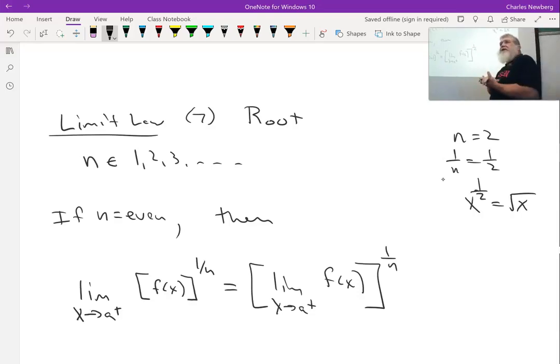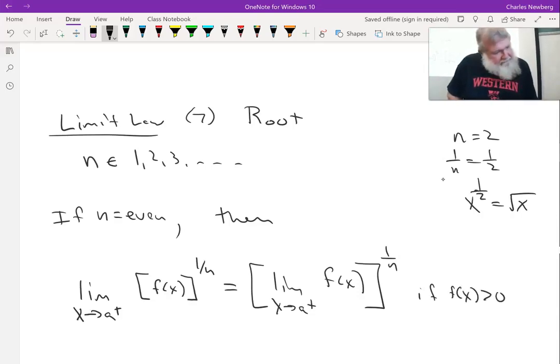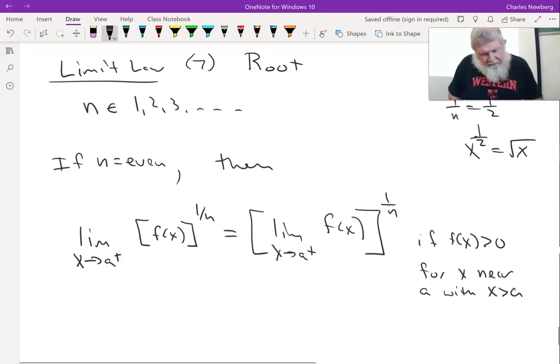So we're doing even roots. Can we do any even root of any number? No, the second commandment is thou shalt not take square roots of negative numbers. So this will only exist if f of x is greater than 0 for x near a, with x being greater than a.